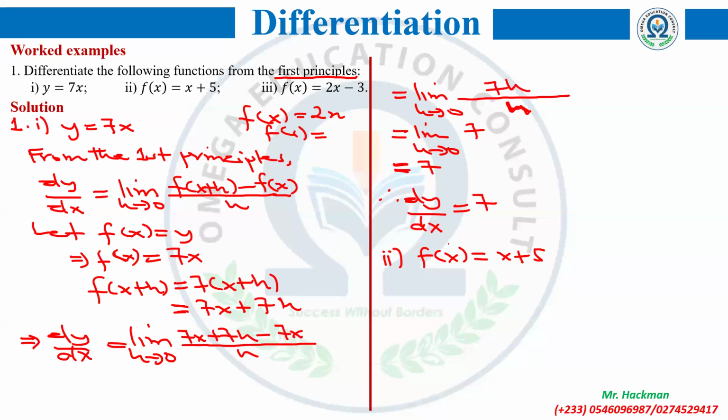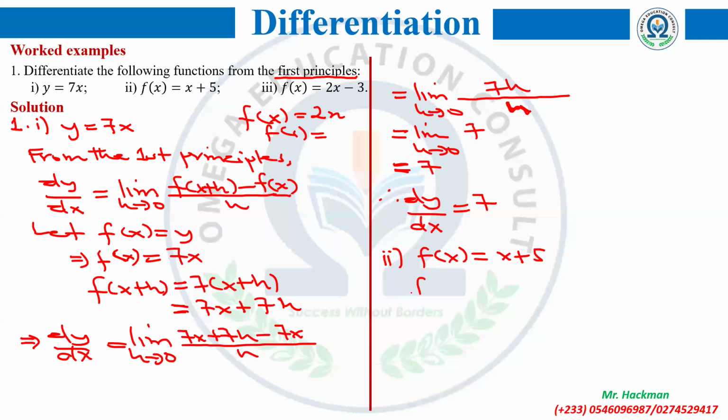So at this point, we are going to quote the formula. Because the function came as f of x, we won't write dy/dx, because if you are asked to differentiate f of x, it means you are finding d/dx of f of x, which we know will give us the notation f prime of x.